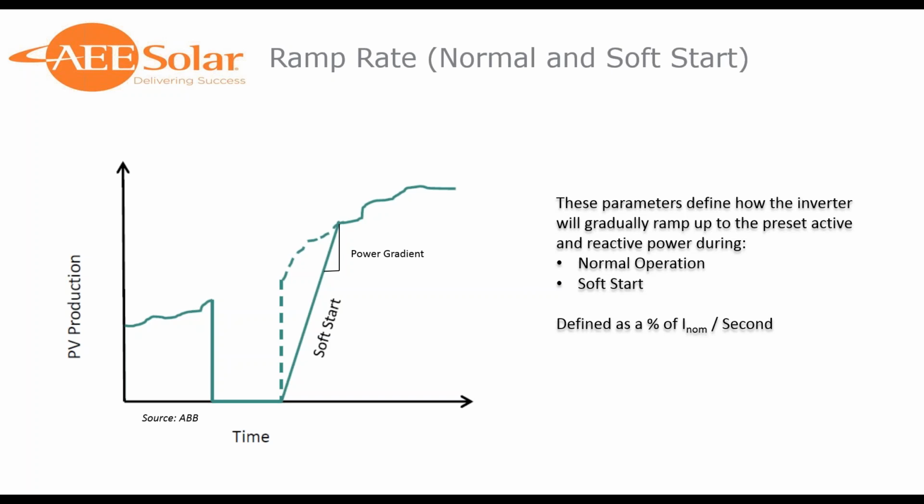The dotted line would be power production under the old standard. So once the inverter counts back up to 300 and the grid's qualified, the relay is going to close. The inverter is going to jump back to full power and continue ramping up, continue exporting full power based on availability from the array.